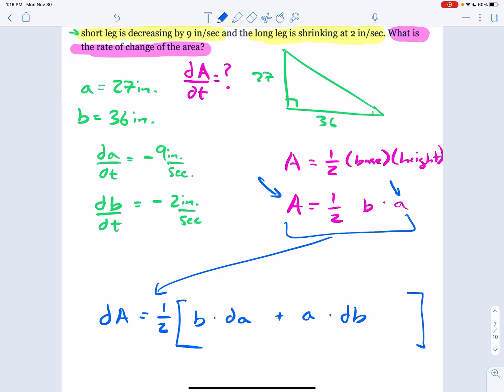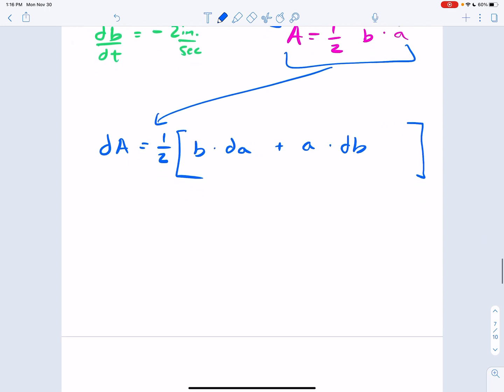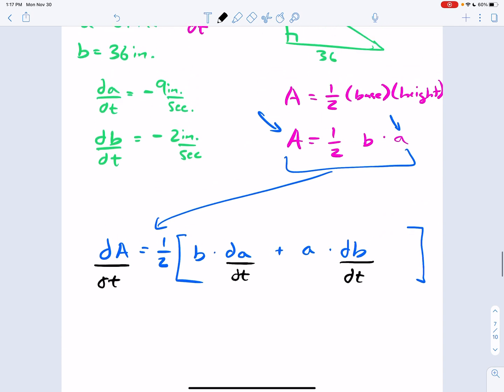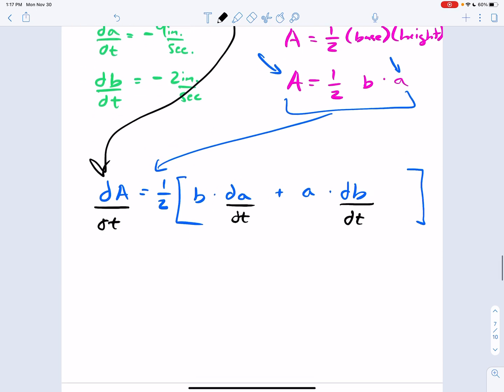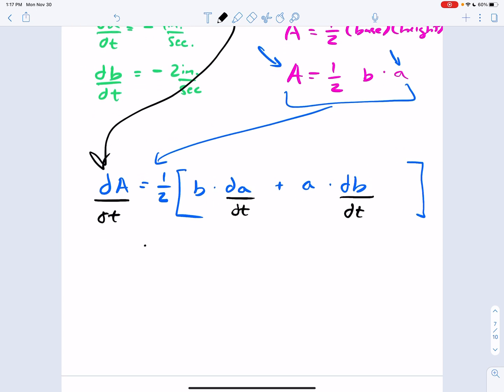Okay, here we go. Now that we have our differentials, we're going to divide our differentials by always dt. Since we're looking for dA over dt, and it's already by itself, that makes our job a little bit easier.